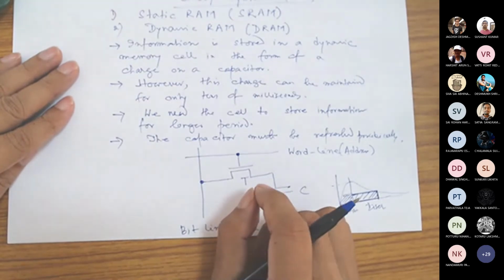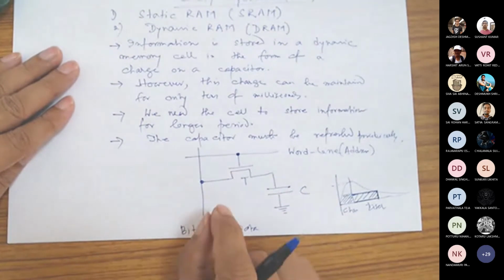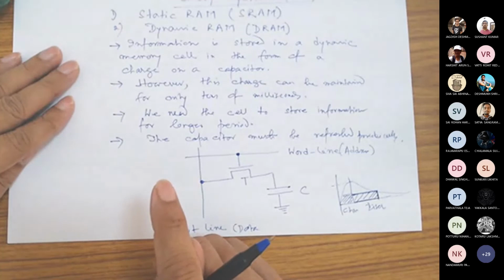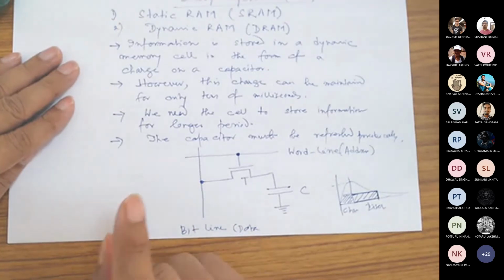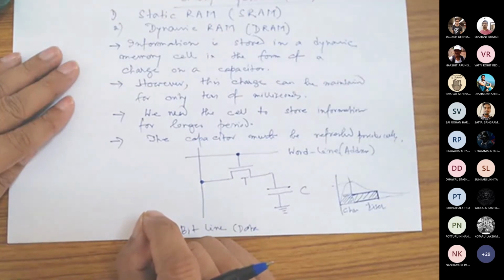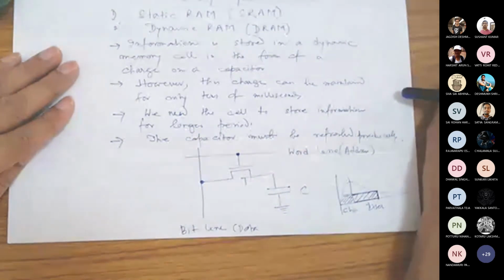They are not that expensive, simply because of the number of components used to design one memory cell, in contrast to the number of transistors required to design a static RAM cell. So these are the two different ways we design memory cells.